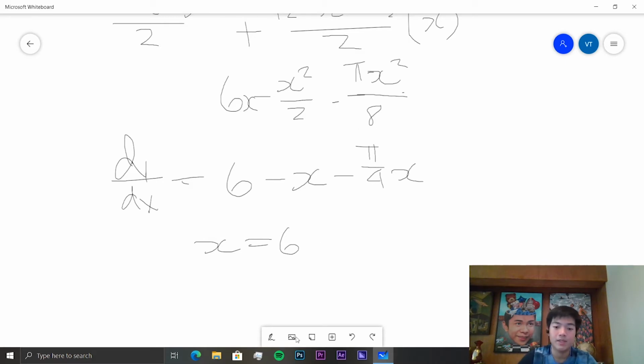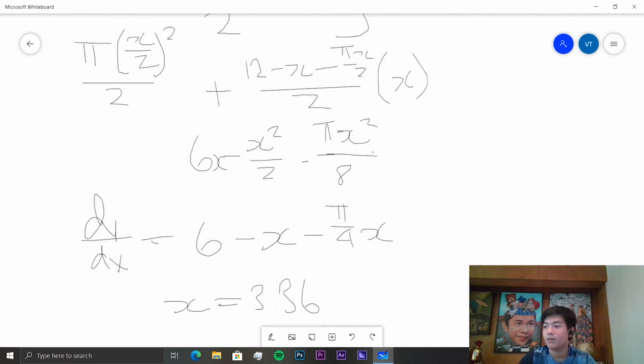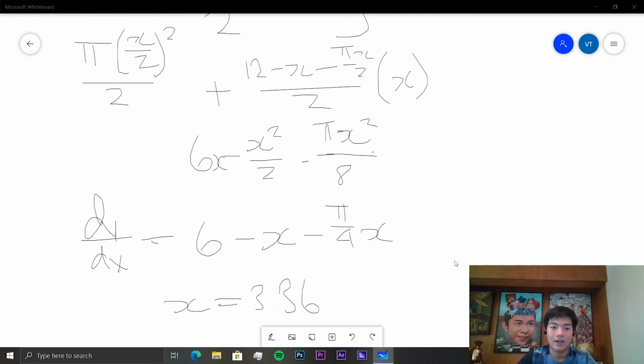And so this will actually be equal to around 3.36 meters.